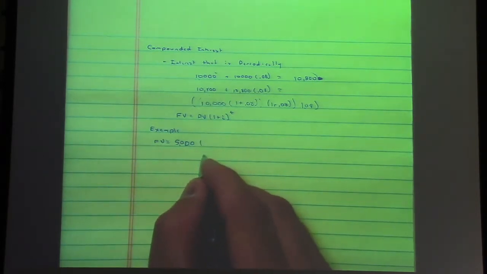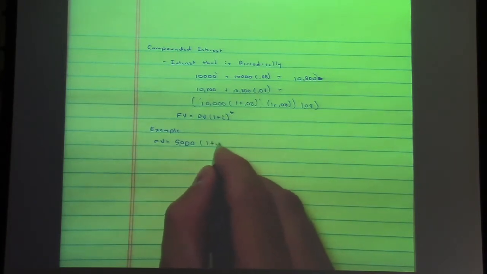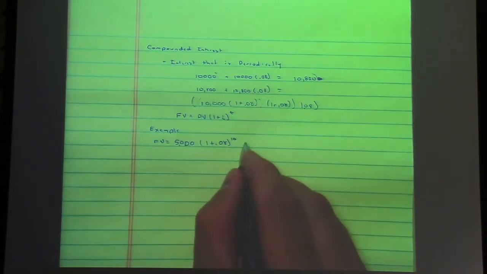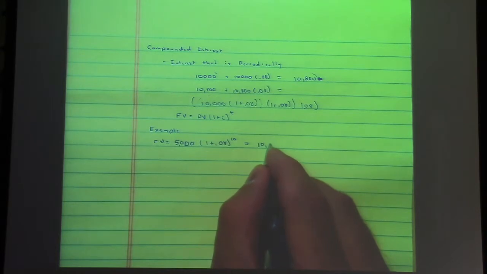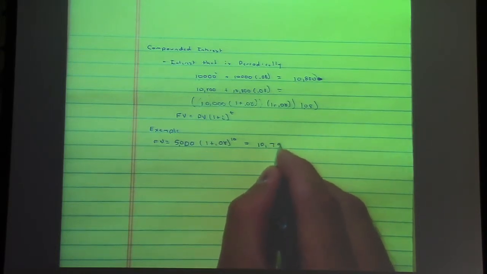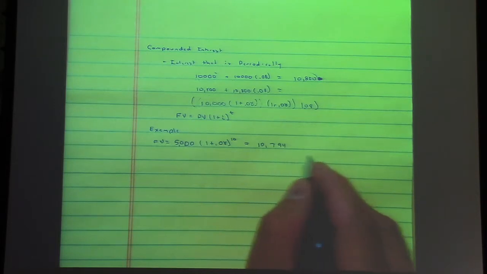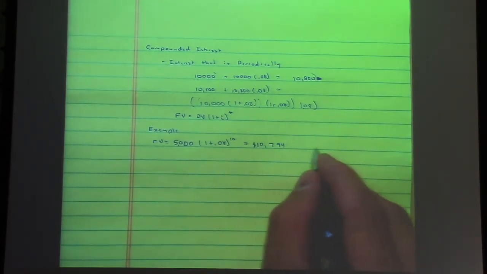And we're dealing with the same 8% rate that we have been, over a 10-year term. What we would see then is that over that 10-year term, we have $10,794 for our total repayment amount.